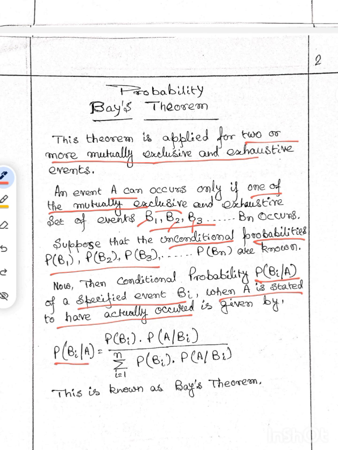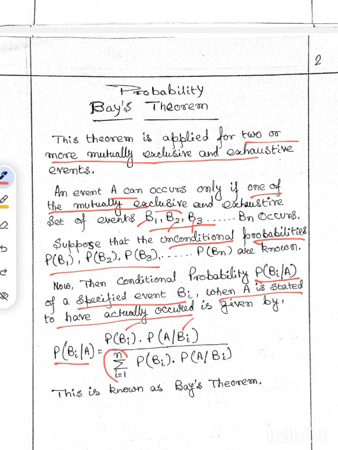So P(Bi|A) is P(Bi) into P(A|Bi), that is choosing the box and drawing the ball, and i goes from 1 to n. That means i goes from the first box to the nth box. That is the summation.